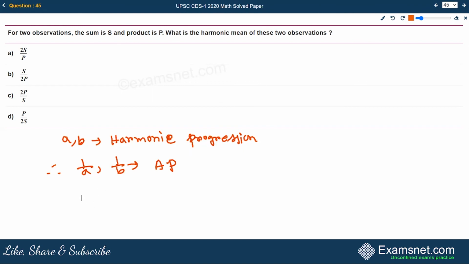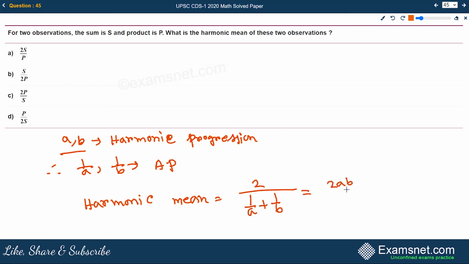So here, since A and B are in harmonic progression, the formula for finding the harmonic mean of A and B is 2 by (1 by A plus 1 by B), since there are two observations. Further, I can write it as 2AB by (A plus B).